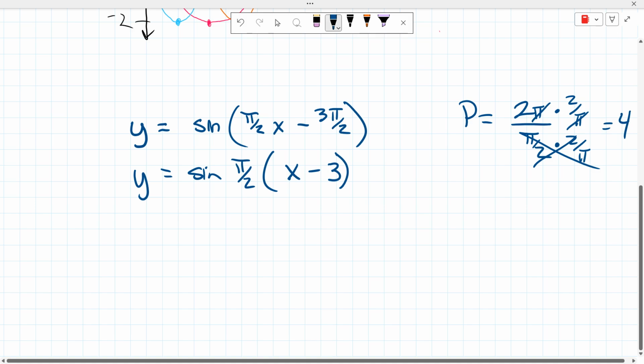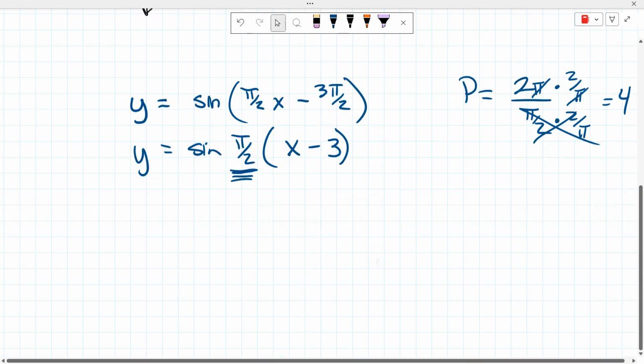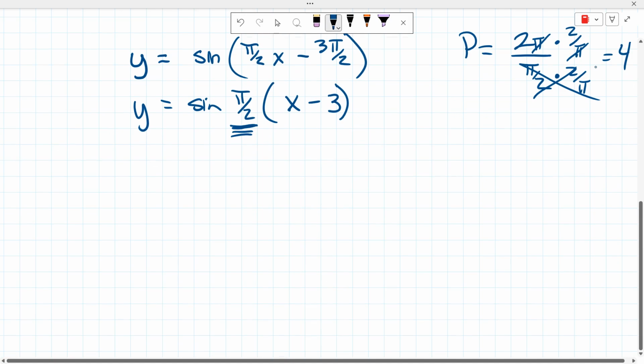So, on problems like this, where it's a radian for your period, we are not going to graph normally. We're going to graph a little differently.